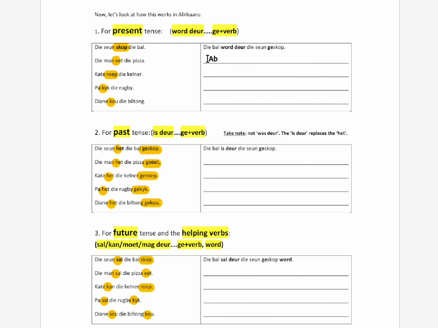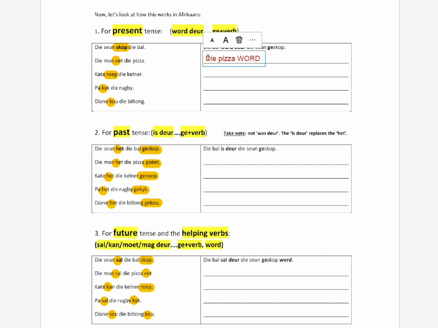So let's do the second one. Die man eet die pizza. Die pizza word, that's the one that you need to put in, deur also, die man, and then we put geëet. Now remember, we have these little dots on the second E, geëet.